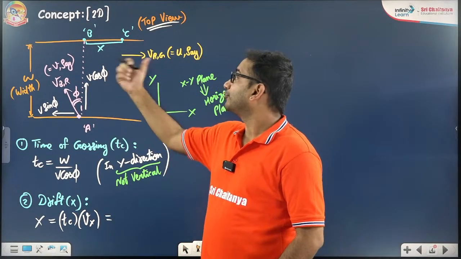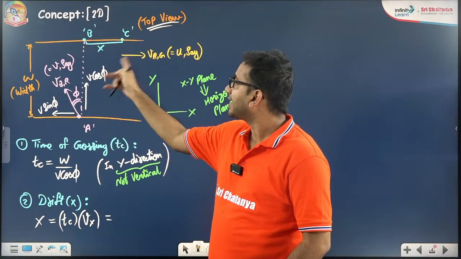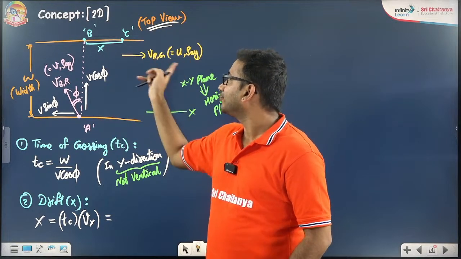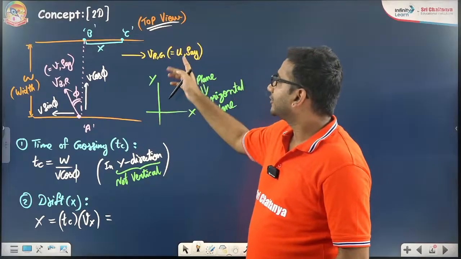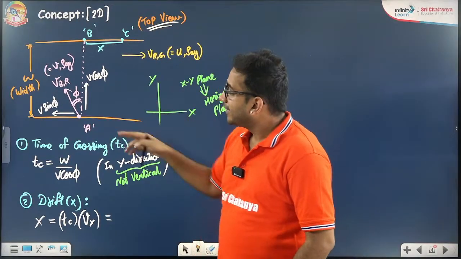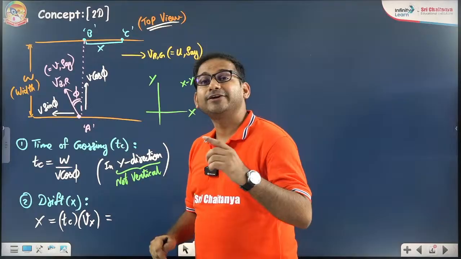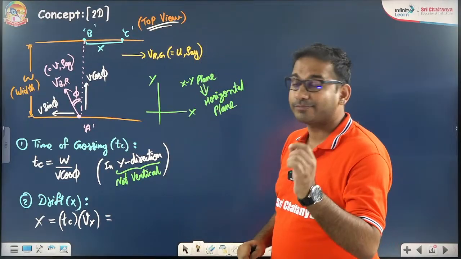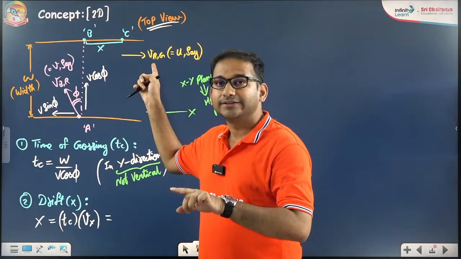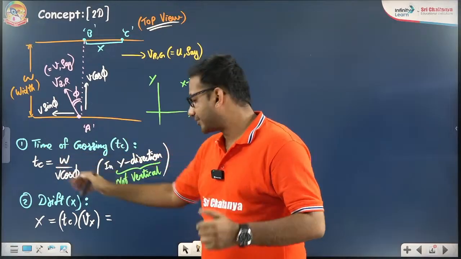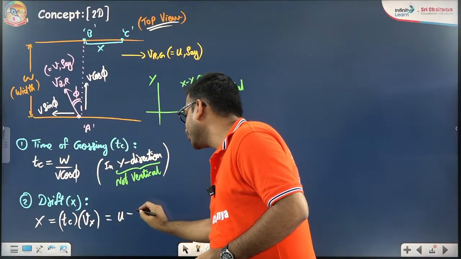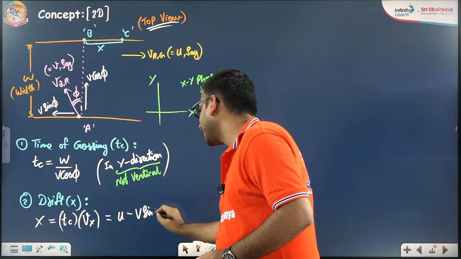Who is trying to provide the drift? According to this diagram, this u is trying to provide the drift, and this v sin phi here is trying to prevent the drift. Focus on my words. It is trying to provide the drift. It is trying to prevent the drift. So it is going to be equal to u minus v sin phi.